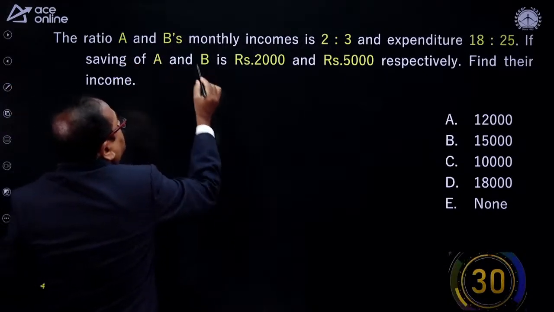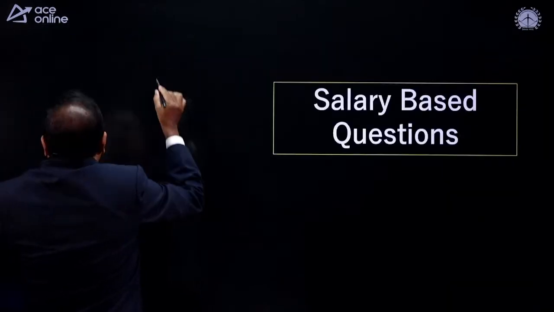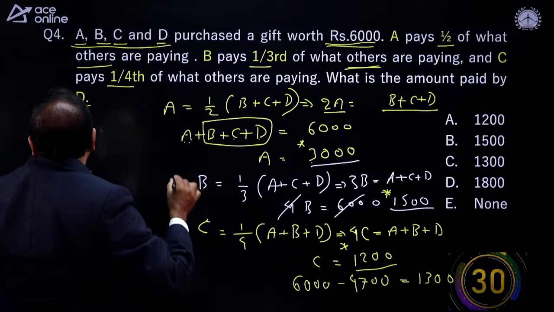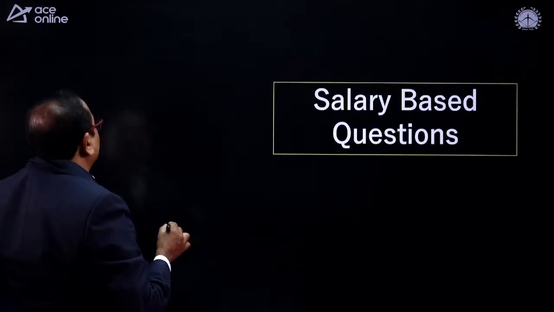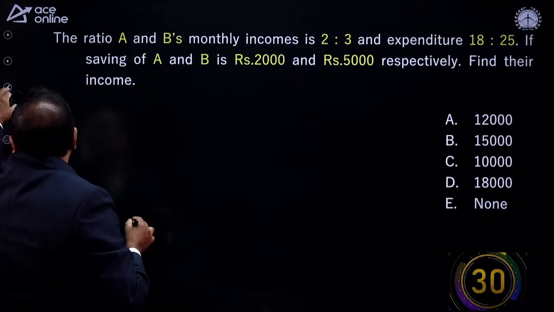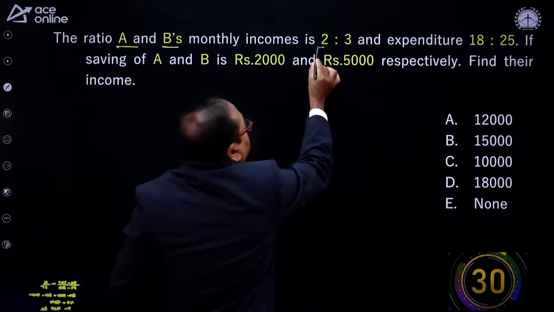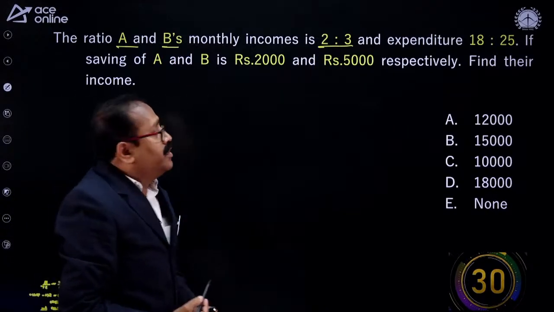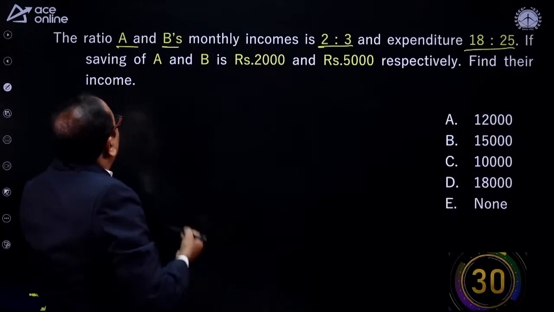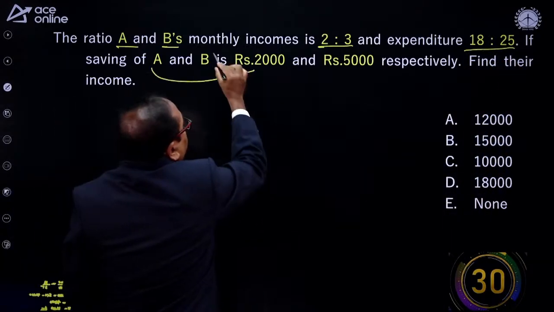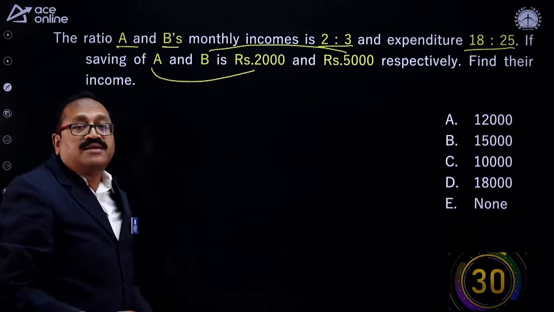A and B's monthly income is in the ratio of 2:3, whereas their expenditure is in the ratio of 18:25. Now if A saves rupees 2,000 and B saves rupees 5,000 respectively, then find their income.